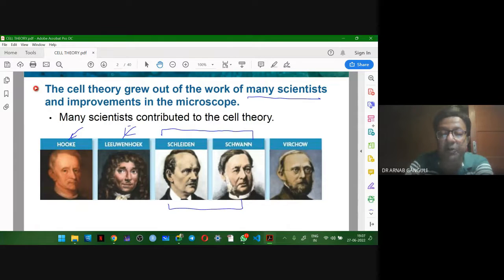They were the main proponents of this theory, and it was further developed by Virchow. Normally you have read about the Schleiden and Schwann cell theory in your early class 11, 12 studies.